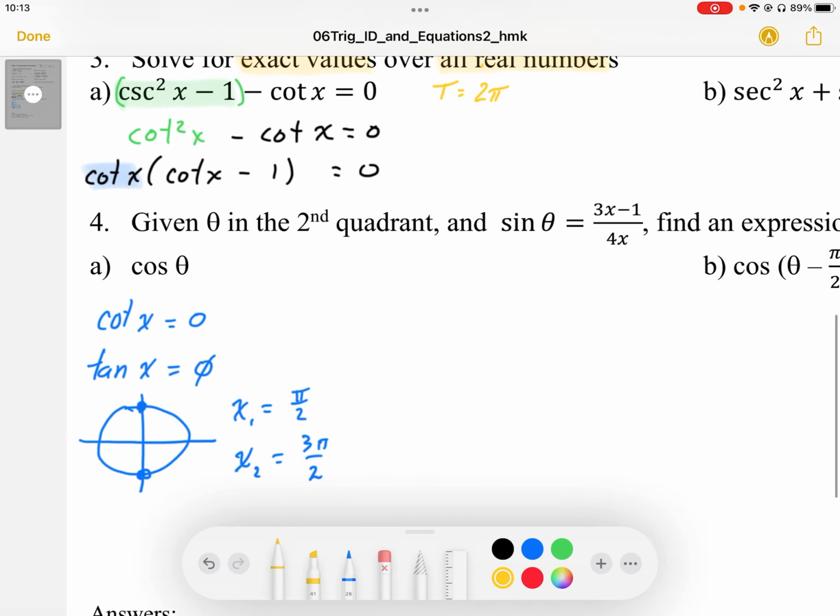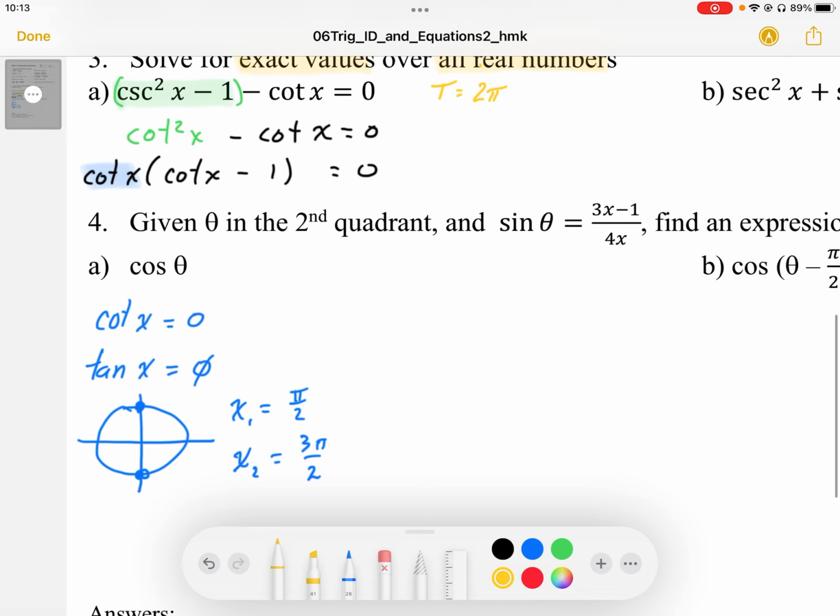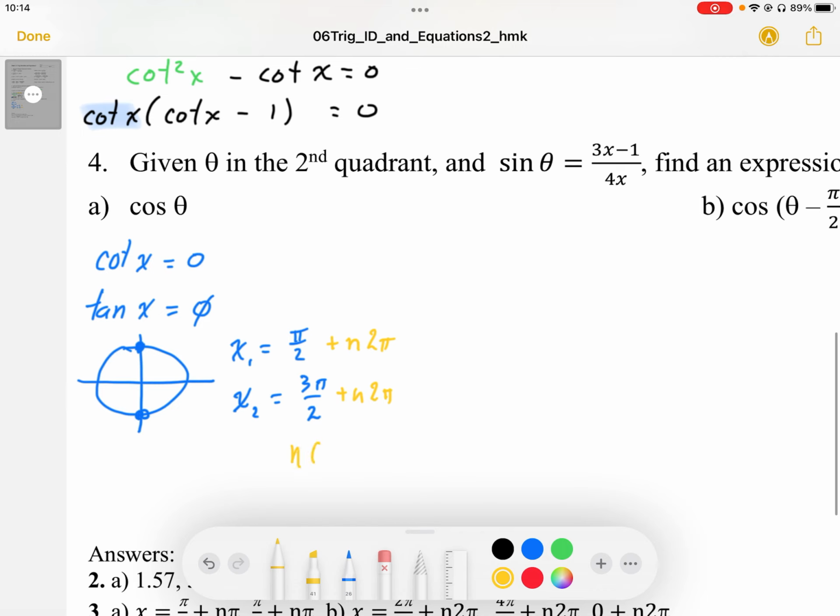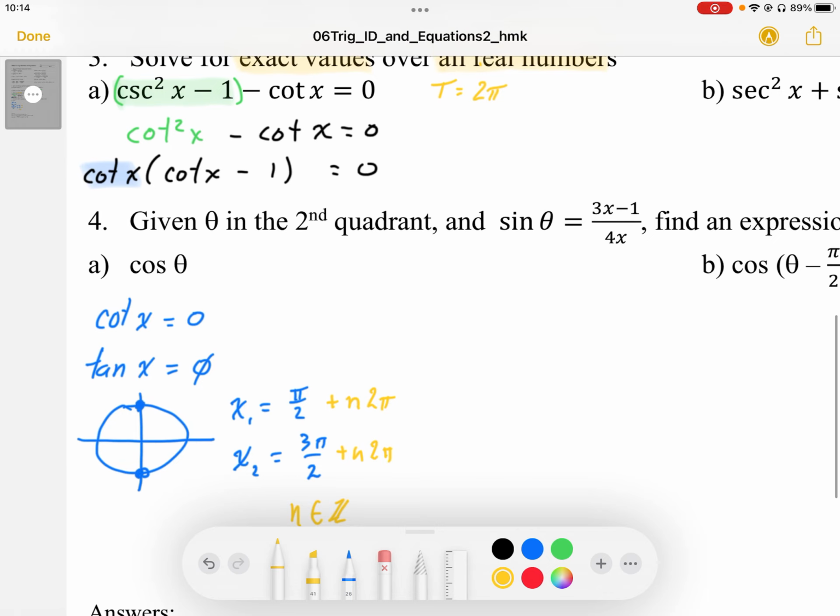So in that full circle, we have two solutions, and then the repetitions are going to happen every time we go around. So we show that with n2 pi. And we have to state that n is an integer because we're going to go up by increments of 2 pi, either up or down. So that's the solution for cotan x equals 0.